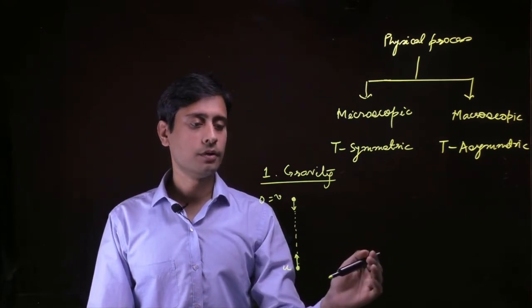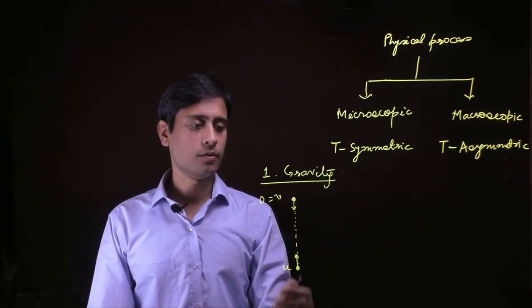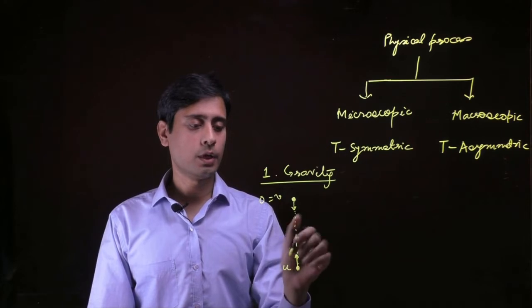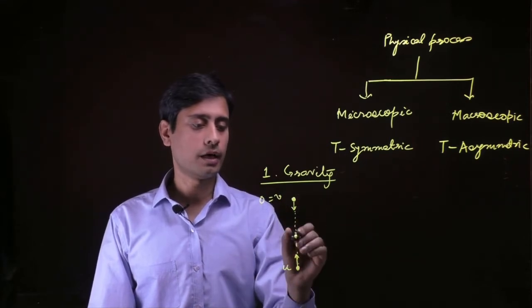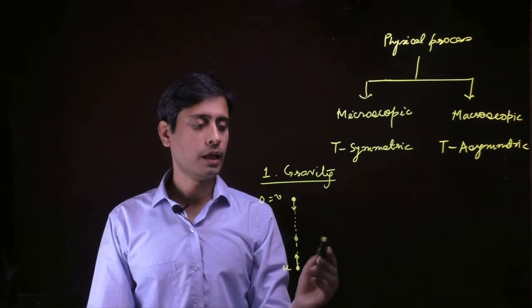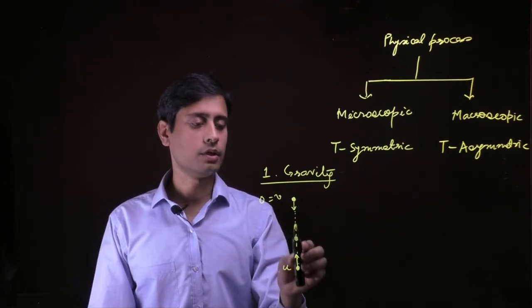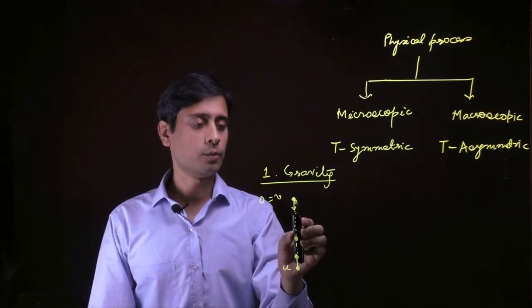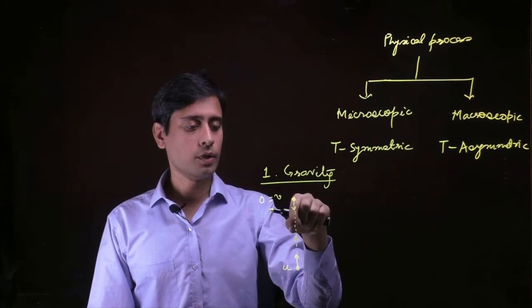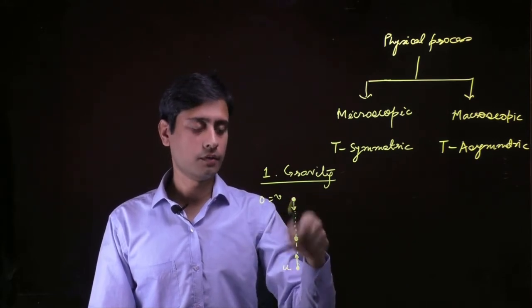Now play the video in the backward direction. At any point in its path, when you are playing it in forward direction, it is going upward, and from the same point it will also be going downward when it returns.